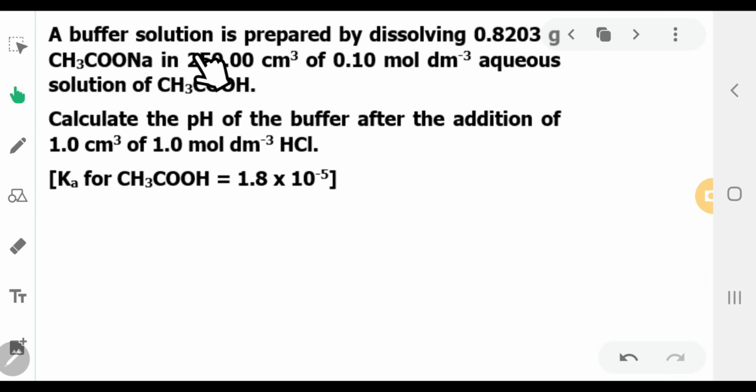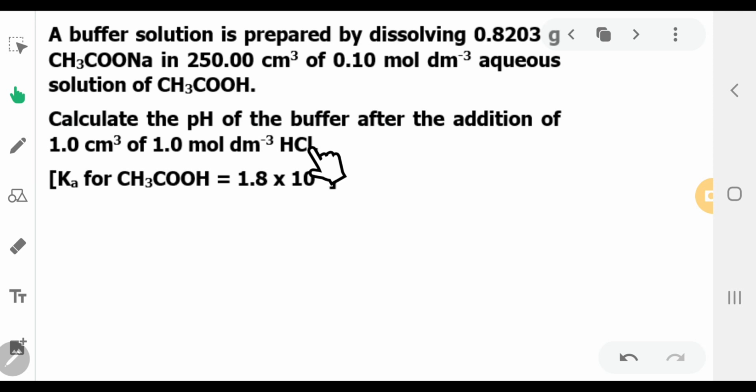It's the same question, same salts, same value of salts. We have the same volume, we have the same molarity of your weak acid, but you need to calculate the pH of the buffer after the addition of a small amount of strong acid.